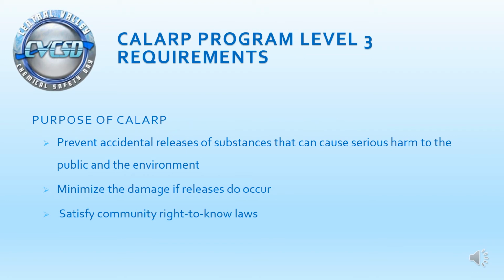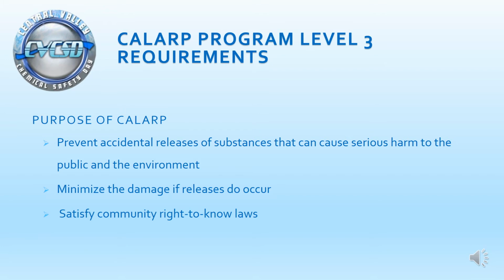So moving on now to CalARP Program 3 requirements. The purpose of CalARP is to prevent accidental releases of substances that can cause serious harm to the public and the environment, minimize the damage if those releases do occur, and then to satisfy community right to know laws.